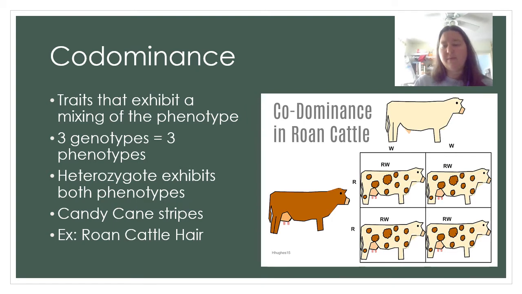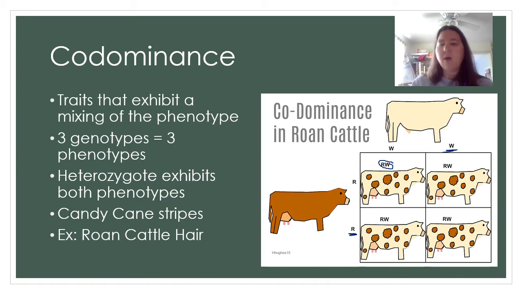Codominance, however, is a little bit different in the sense that we have three genotypes and three phenotypes. We have the homozygous for R, we have the homozygous for W, and then we have the heterozygous RW. Here, instead of seeing them mixed together, where we would get a lighter brown color, we actually end up seeing both.